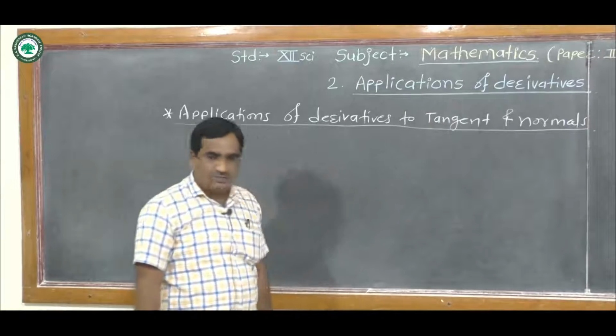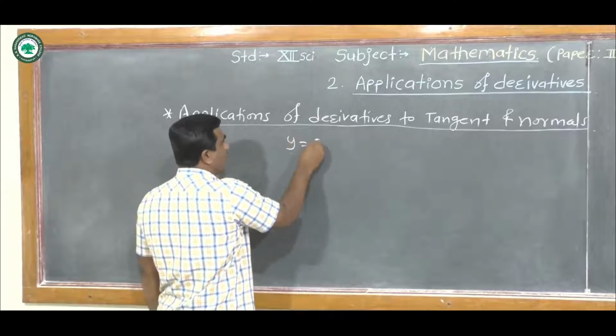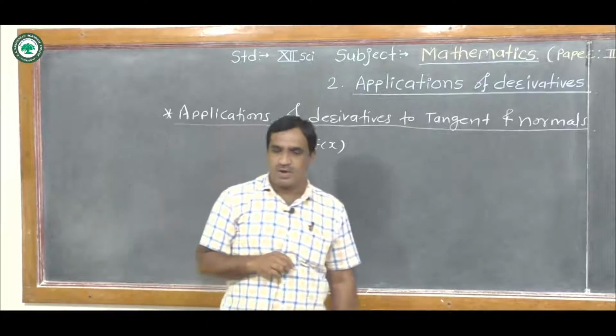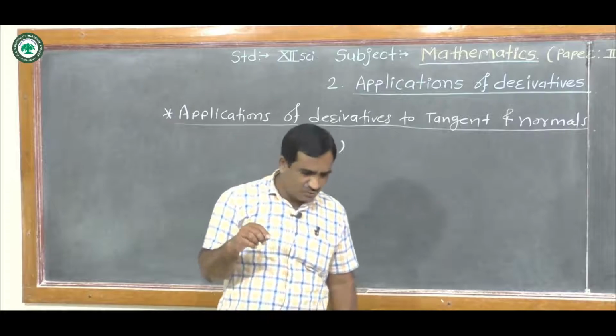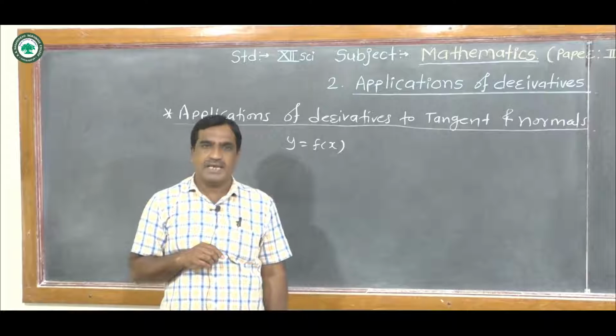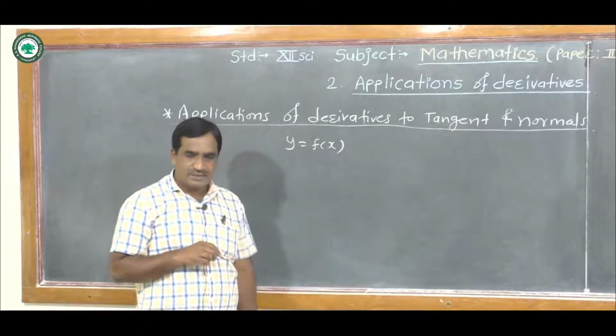Now here we know that y equal to f of x is a function. Let y equal to f of x be a continuous function of x representing a curve in the xy plane, and any point P(x1, y1) lies on the curve.